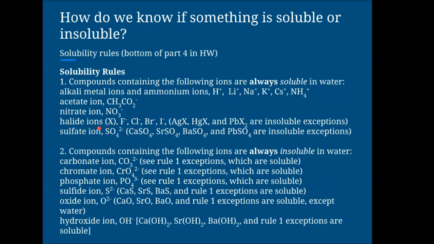Halides are halogens that have taken on a charge, so you've got fluoride, chloride, bromide, iodide, and then there are just a couple of exceptions for halide ions: silver halide, mercury halide, mercury 1 halide, and lead 2 halide. And sulfate ions are almost always soluble, except for some of those alkaline earth metal ones, and then lead 2.